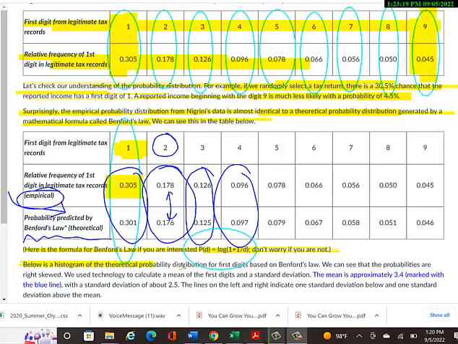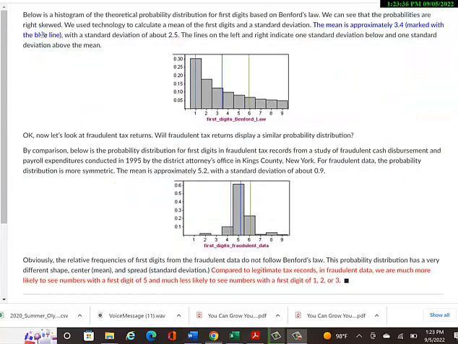Below is a histogram of the theoretical probability distribution for first digits based on Benford's law. We can see that the probabilities are right skewed. We use technology to calculate a mean for the first digits and a standard deviation. The mean is approximately 3.4, marked with the blue line here, with a standard deviation of about 0.25.